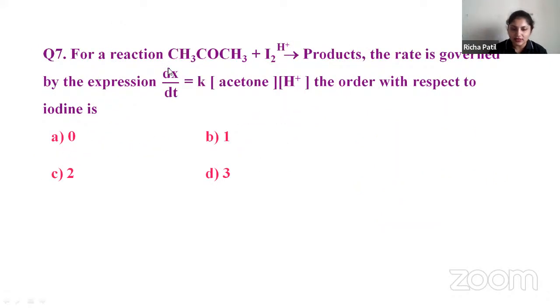For a reaction CH3COCH3 plus I2 in the presence of H plus giving products, the rate is governed by the expression dx by dt is equal to k into concentration of acetone into H plus.